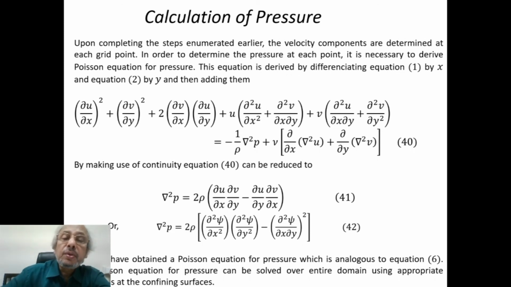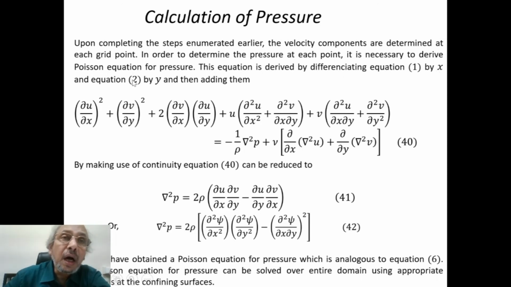So I'm giving an example through Cartesian coordinates. I have written: differentiate equation 1, that means the x momentum equation, by x. Earlier, for forming vorticity, we differentiated with respect to y, but now we are differentiating with respect to x.